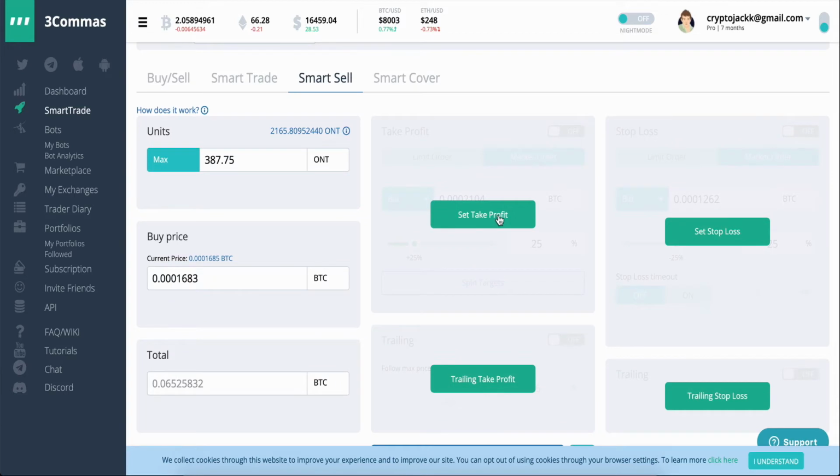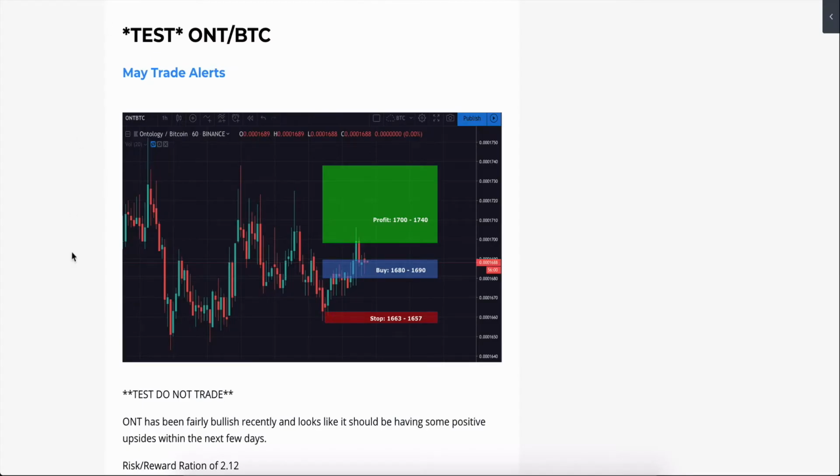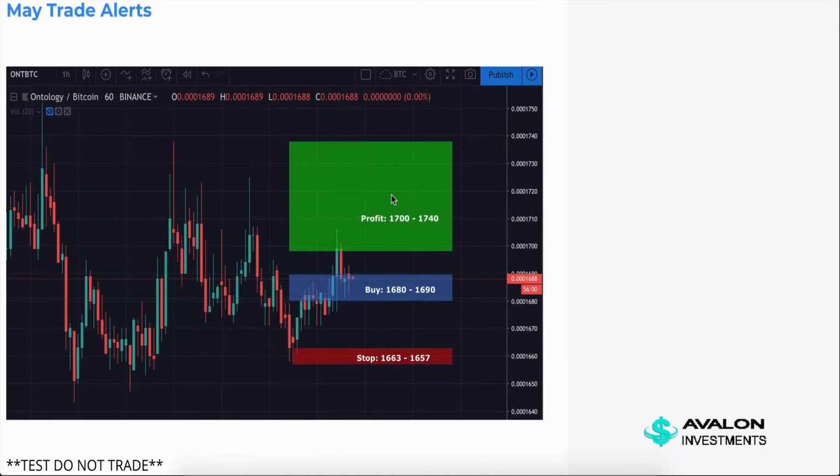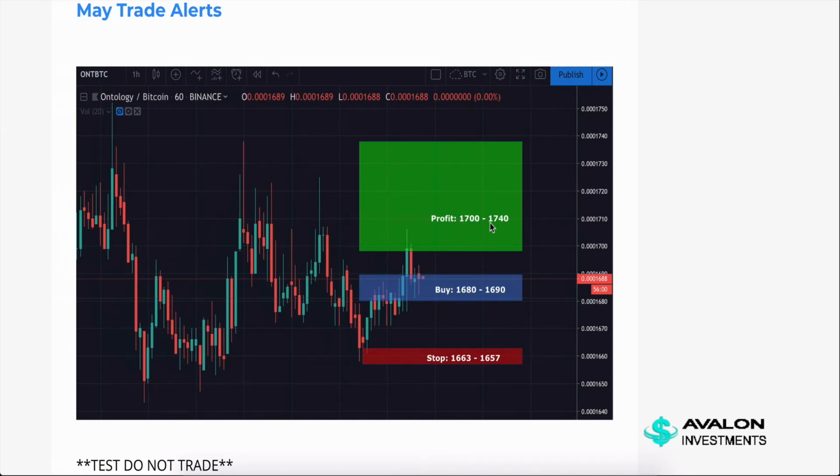Now this is where we want to set the take profit and set the stop loss. We go back over to our trade alert and the take profit. So there's different zones here you can see. We've got 1700 to 1740. Now this just really depends on what you're looking for, maybe potentially how greedy you want to be with the trade.